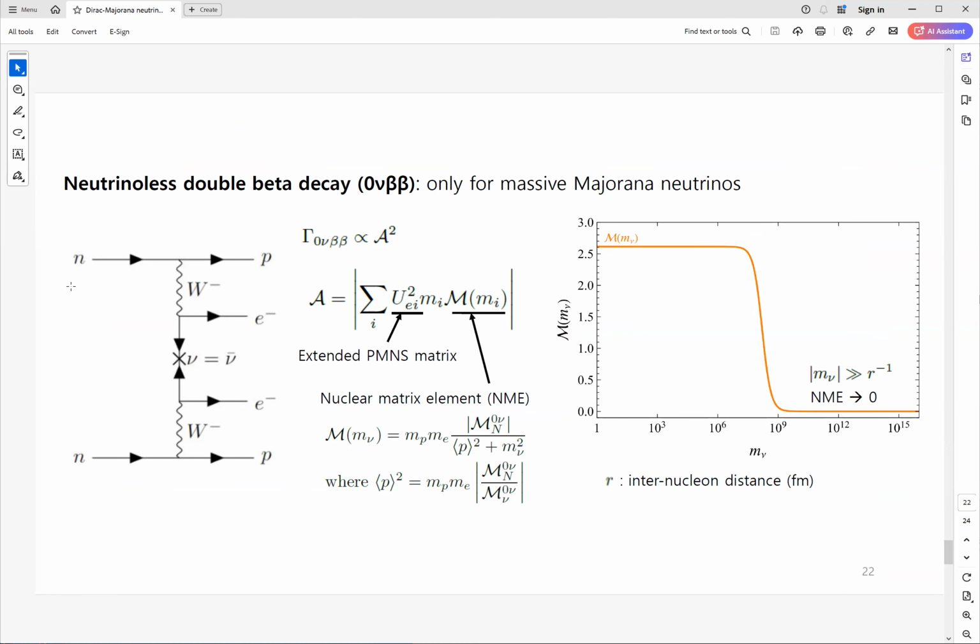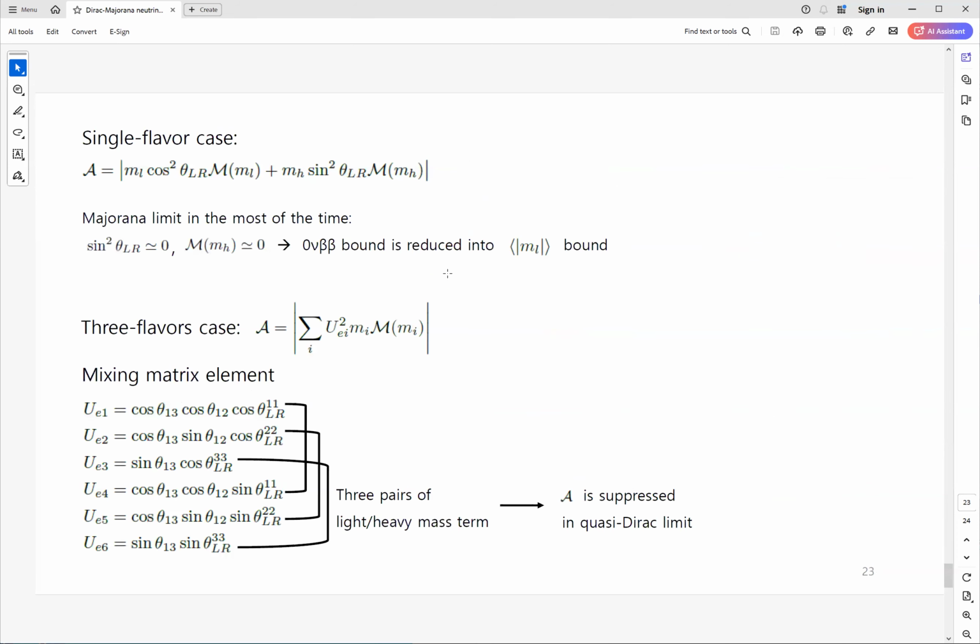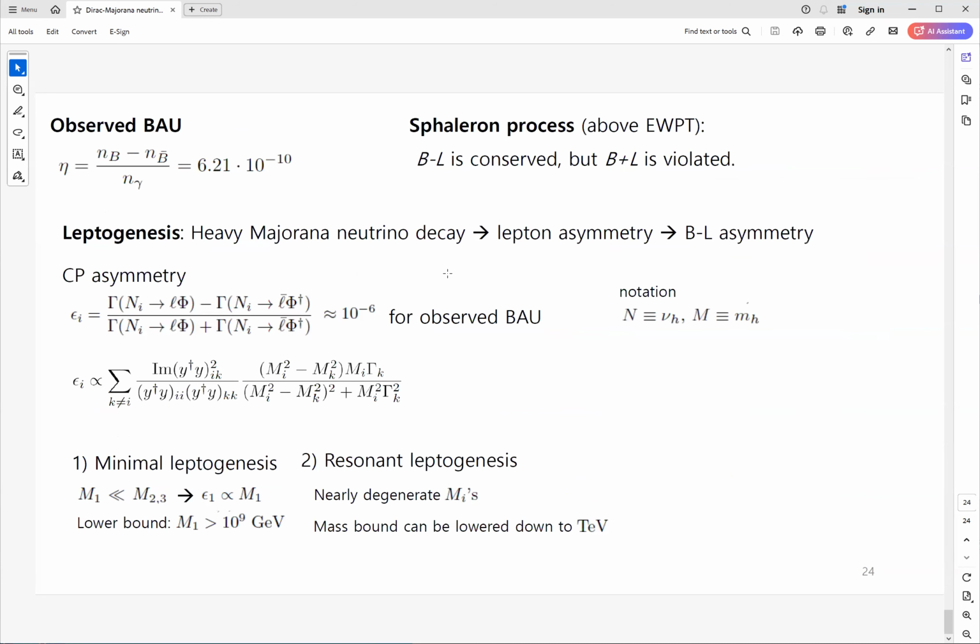We extend the amplitude, including the nuclear matrix element and phase factor, which are functions of the neutrino mass. There are also some calculations of the neutrinoless double beta decay amplitude for the single flavor case and the triple flavor case. And there are several explanations for the baryon asymmetry of the universe and leptogenesis. There are two scenarios: the standard thermal leptogenesis and the resonant leptogenesis.